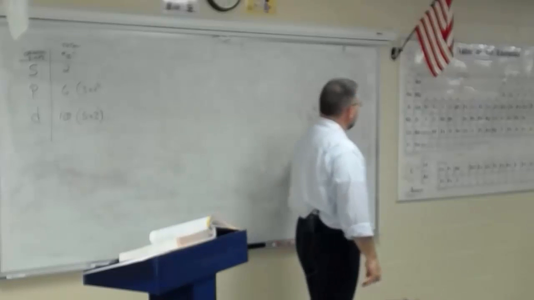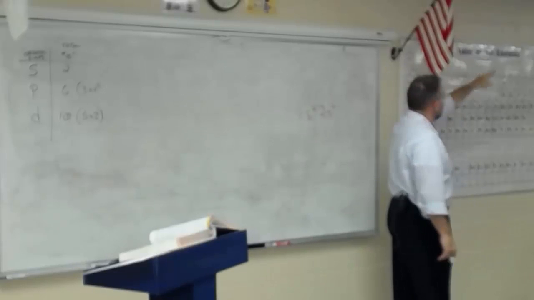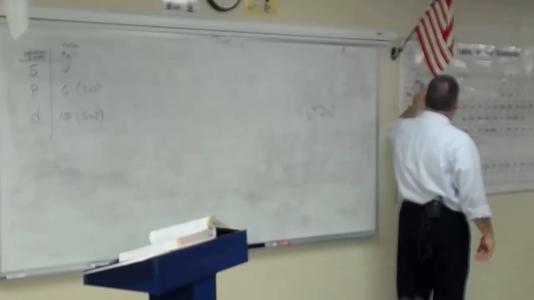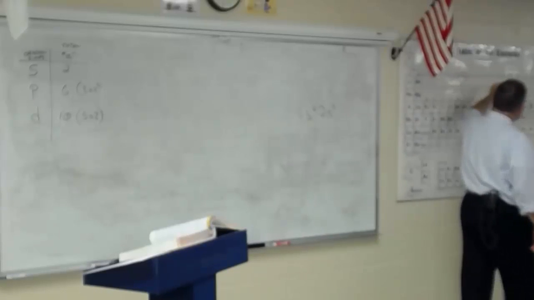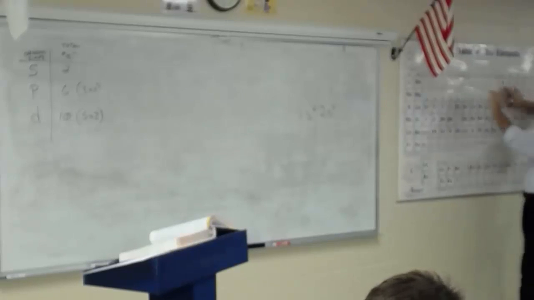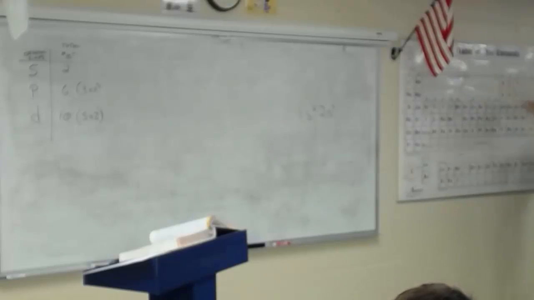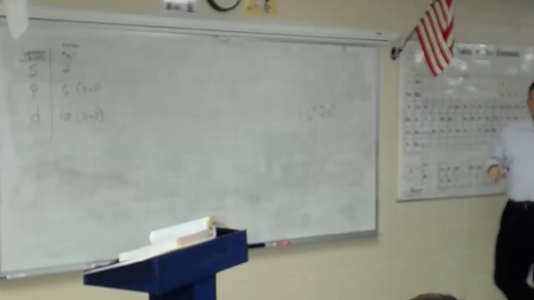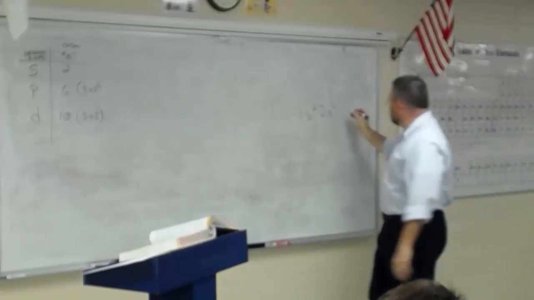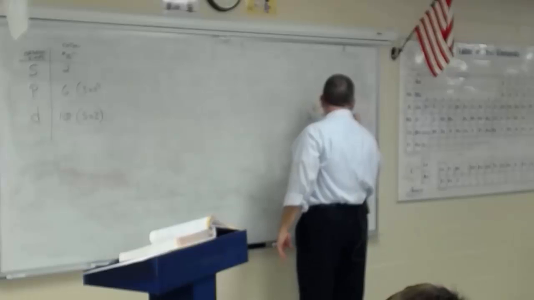Now, reading from left to right, 1s1, 1s2, 2s1, 2s2. What's the name of this next electron? Its position is going to be 2p1, then 2, 3, 4, 5, and 6. I have 6 electrons in the 2p orbitals, 2p6.